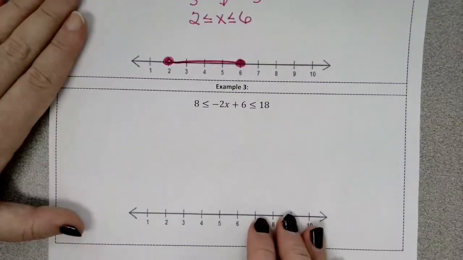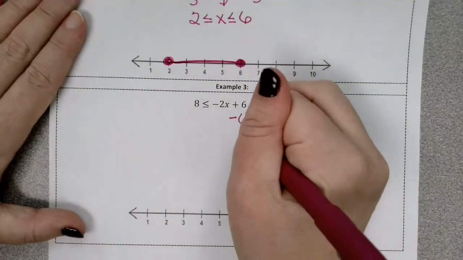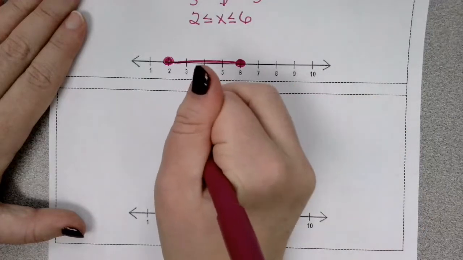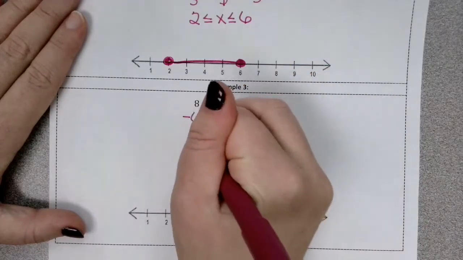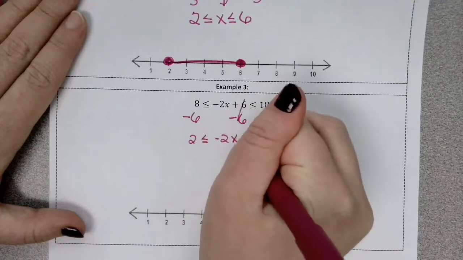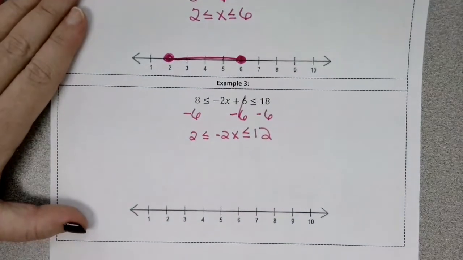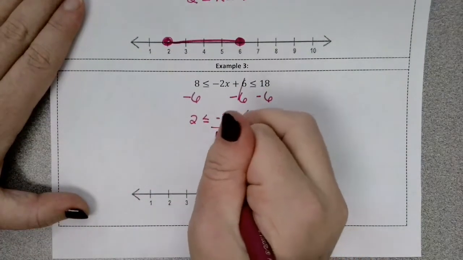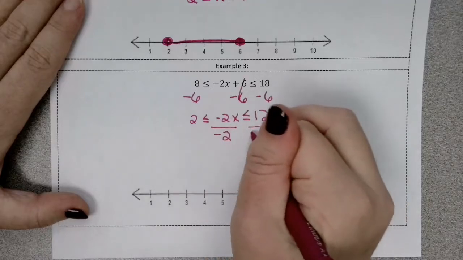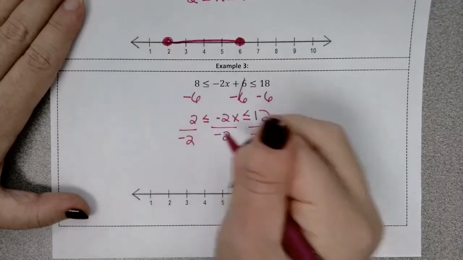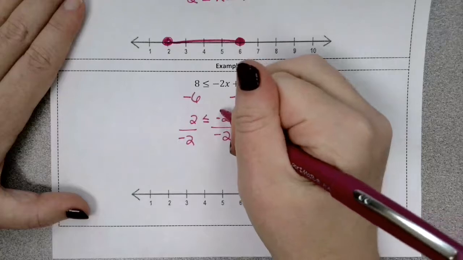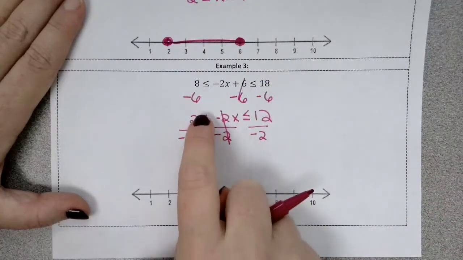Okay, same thing for the next one. I'm going to subtract 6. And then I'm going to divide by a negative 2. Whenever we divide by a negative, our signs flip direction.